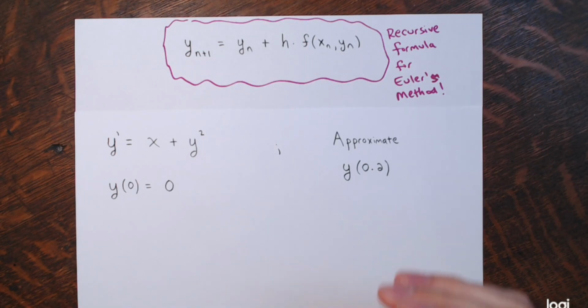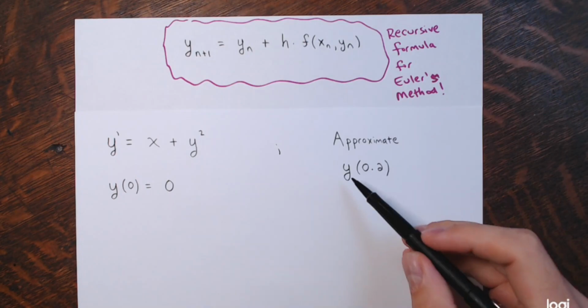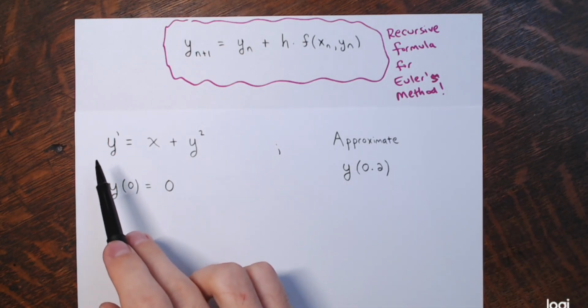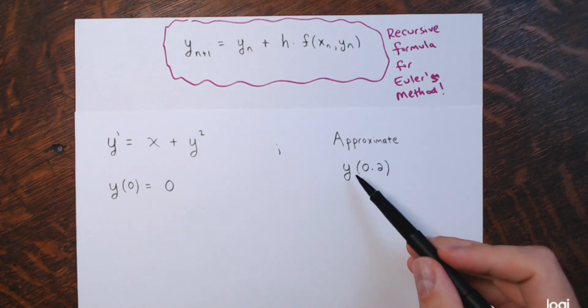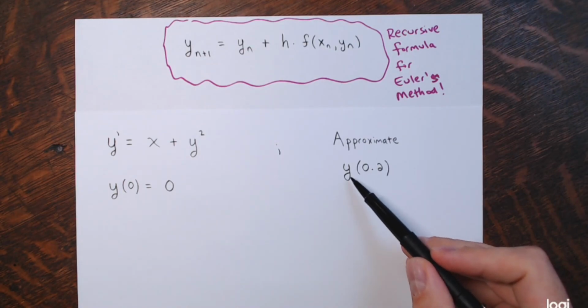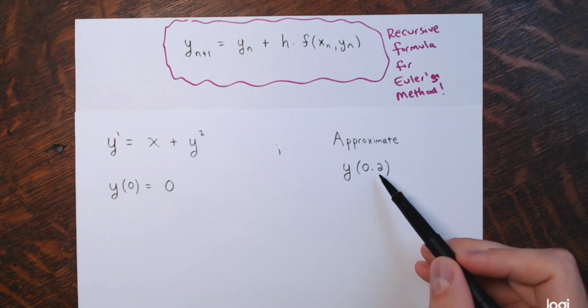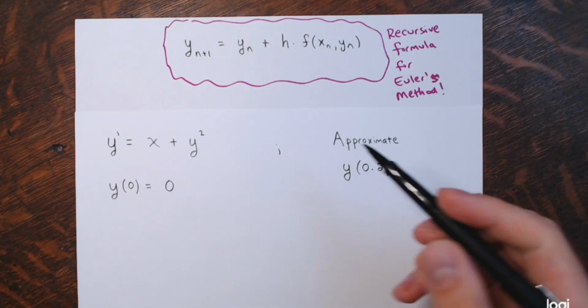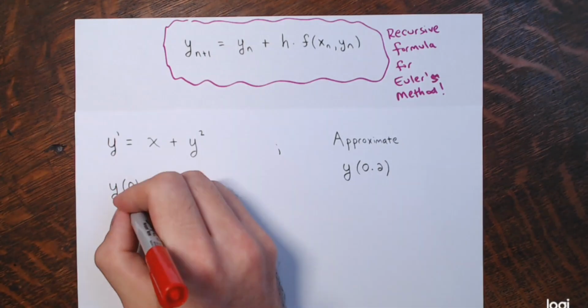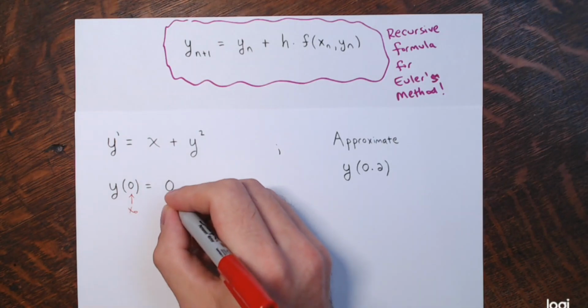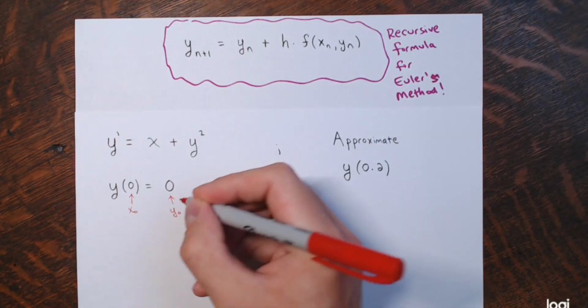What we're asked to do is simply approximate the value of the solution, whatever solution curve this initial value problem has, at x equals 0.2. So here, x sub 0 is 0, y sub 0 is 0.